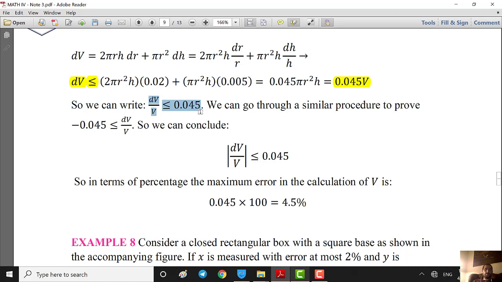So the percentage error is going to be smaller than this times 100, meaning 4.5%.